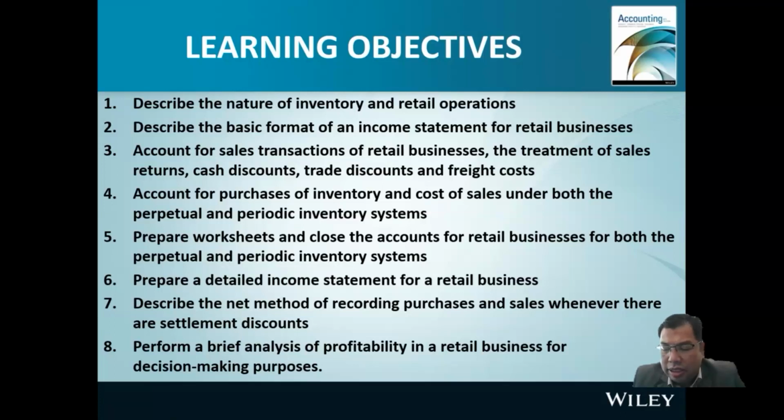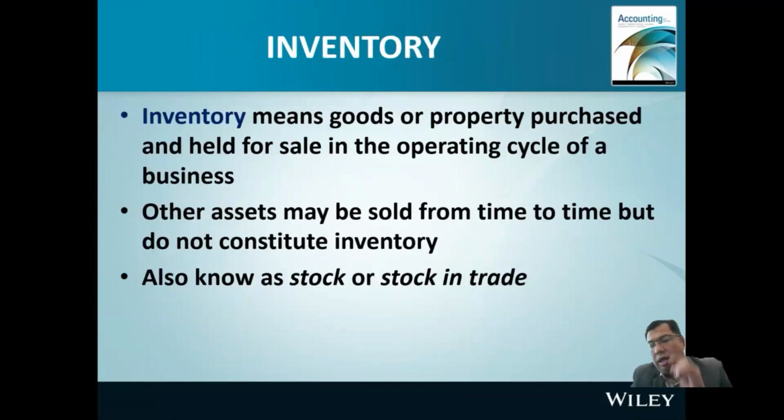This perpetual inventory system is heavily used if you have IT or computerized accounting, it's very easy to keep the record. Next, I'm going to explain the income statement for retail business, how to calculate the net, methods for recording purchases and settlements of discount, and finally showing you a few relevant ratios relating to profitability in retail business.